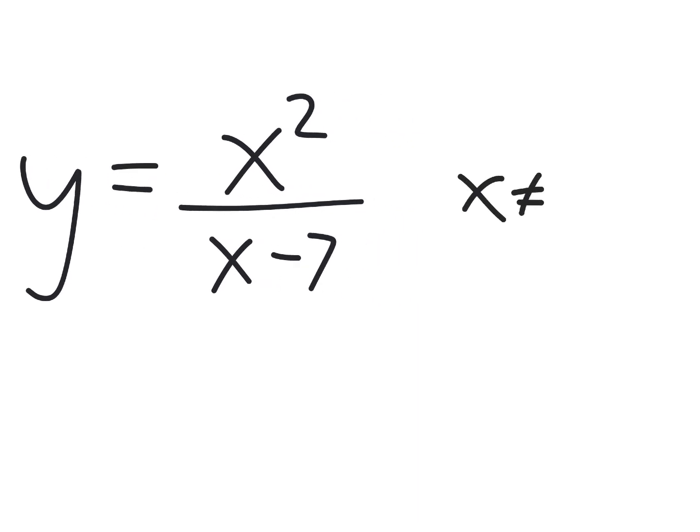X cannot be 7. But that's not the domain. Would you please tell me the domain? The domain is what you can safely feed this function. Try this one and compare it with the kid that's sitting next to you.